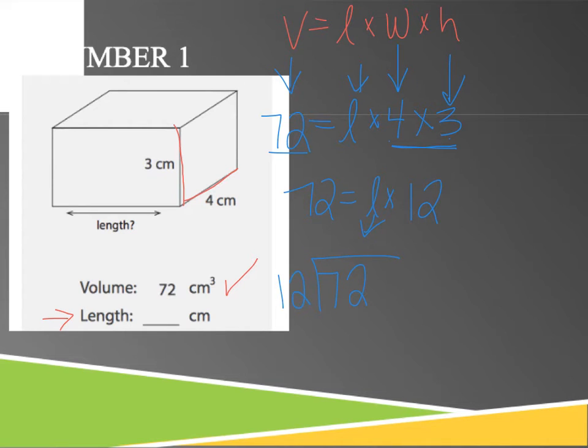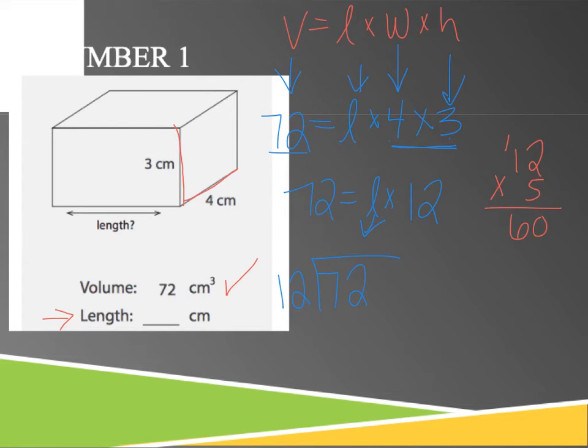Okay, so if you didn't know your 12 times tables right off the top of your head, then what you always could do is you could pull the inverse operation, so we know the opposite of division is multiplication. So I'm going to come over here and I'm going to test out some numbers to see what I can get close to 72 for 12. So let's try 5 right off the bat. So 5 times 2 is 10, 5 times 1 is 5, plus 1 more. Okay, so I get 60.